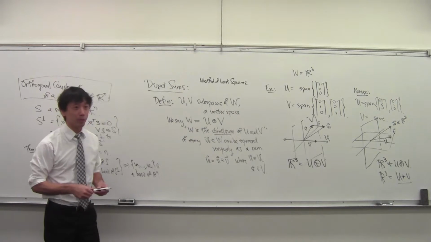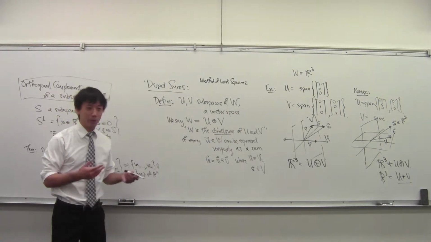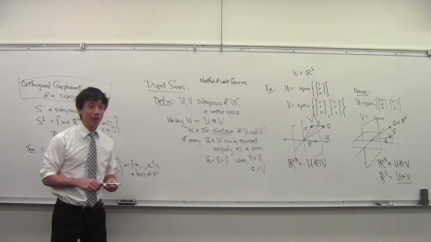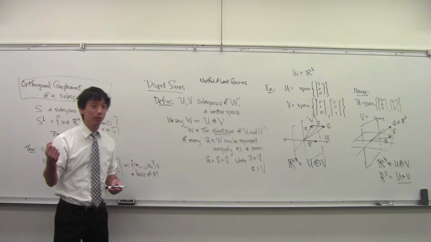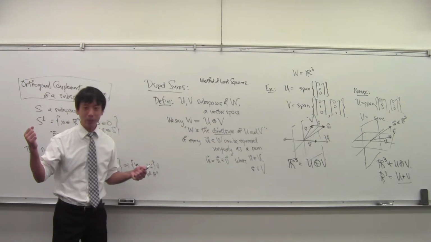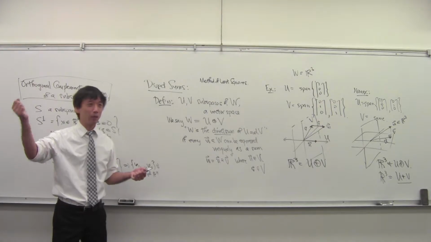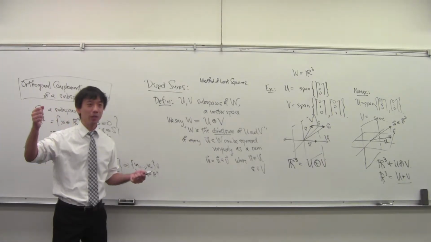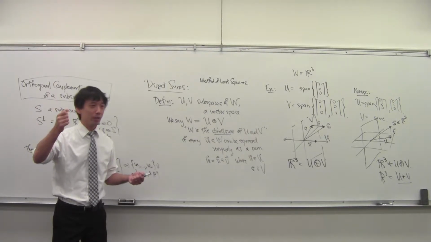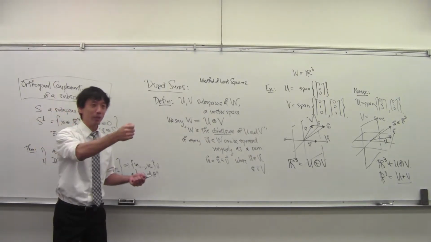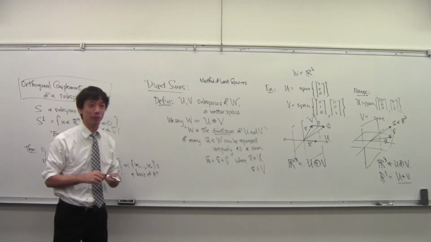The method of least squares was first introduced by Gauss, if you read your textbook, when he wanted to predict the position of a certain asteroid. A bunch of people caught sight of an asteroid on two occasions. The great astronomers of the day said, on such and such a date, it will appear at this place again, and everybody was making guesses as to where the asteroid would appear.